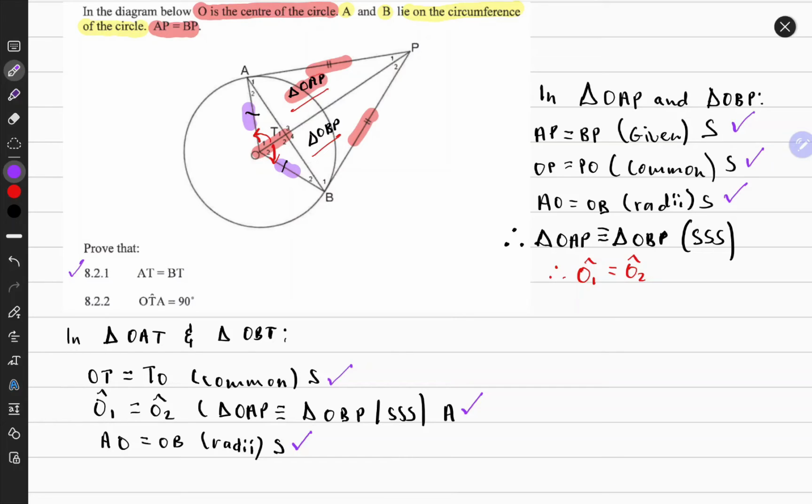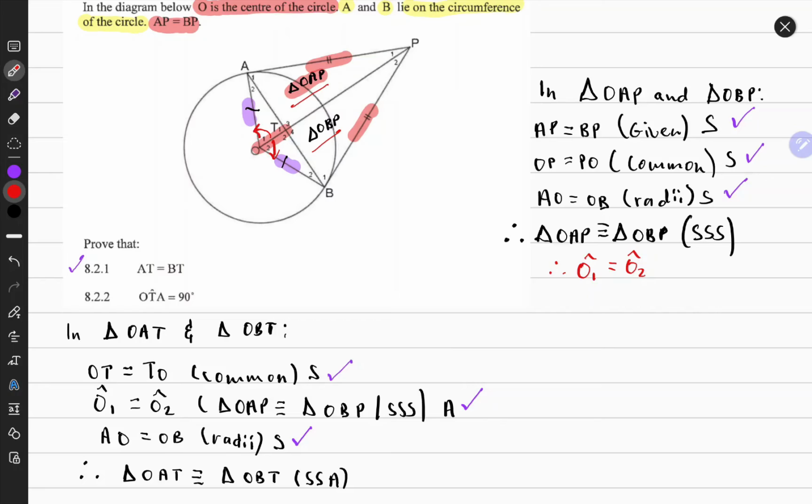So through the condition side, angle, side, we can say that triangle OAT and triangle OBT are congruent. And because of congruency between those two triangles, the sides across angles that are equal in size are also equal in length. Therefore, it implies that AT is equal to BT.